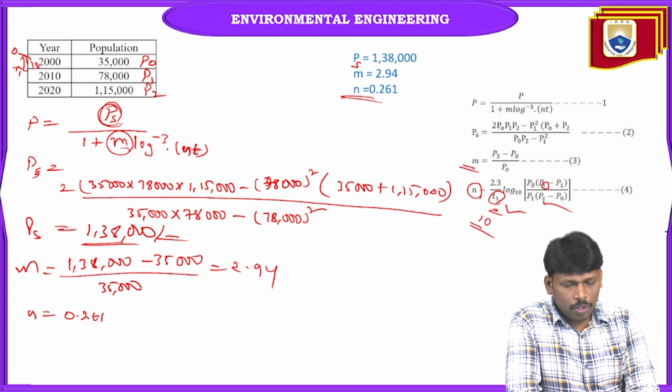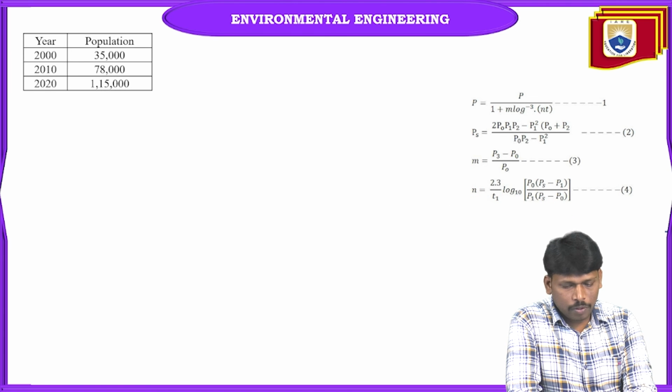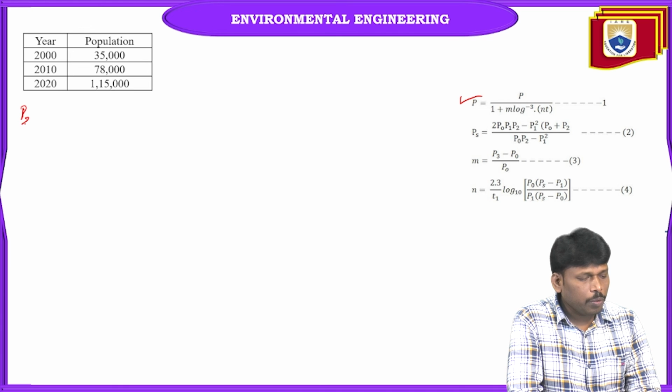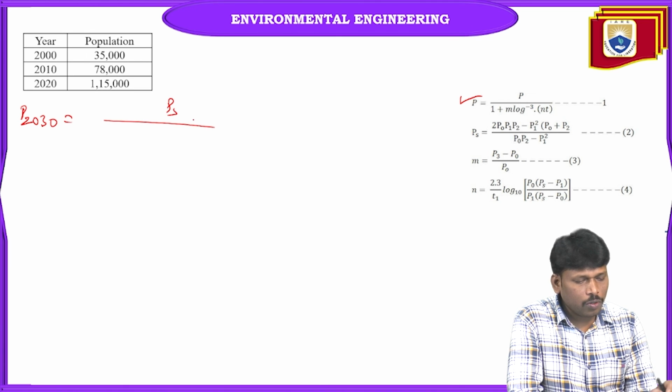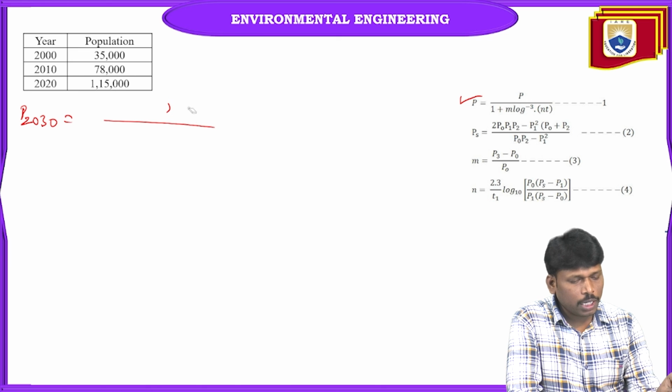Now we need to calculate the population at 2030. Simply, whatever the population we have, 1,38,000 we can write here.